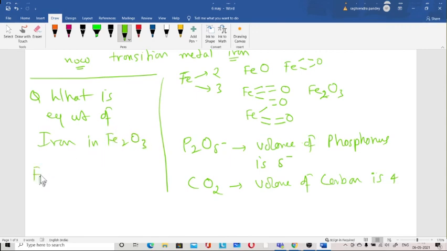Okay, so equivalent weight is equal to atomic weight divided by valency. Atomic weight of iron is 56 divided by 3, where 3 is the valency.